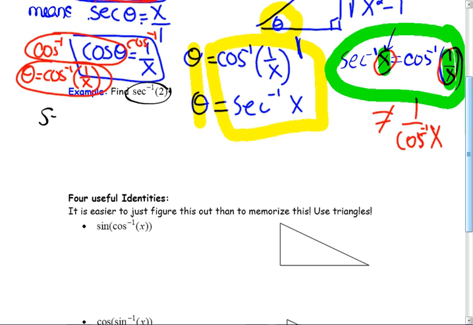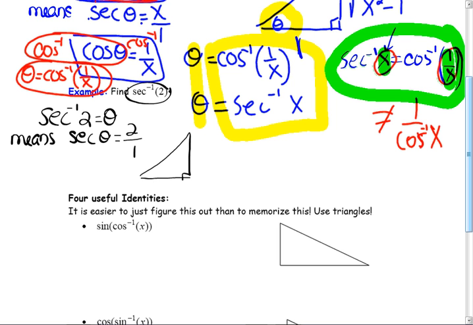If the inverse secant of 2 is theta, that means secant of theta is 2 over 1. Draw my little triangle. Here's theta. Where's the 2 go? It was secant, so this is 1.